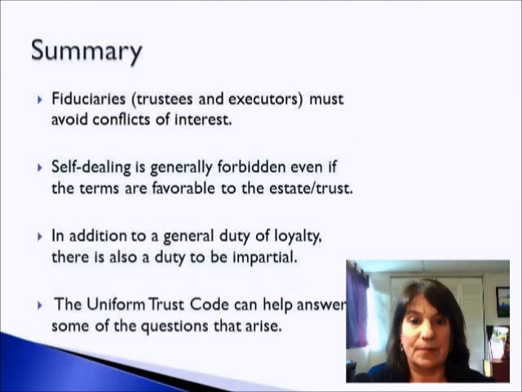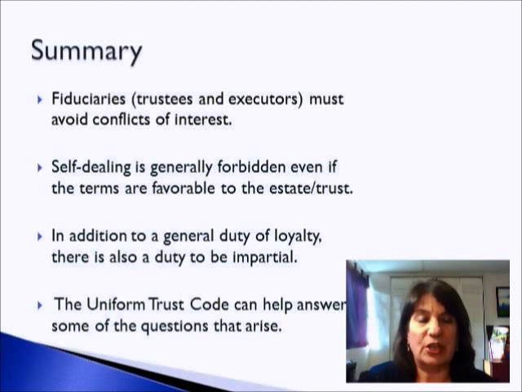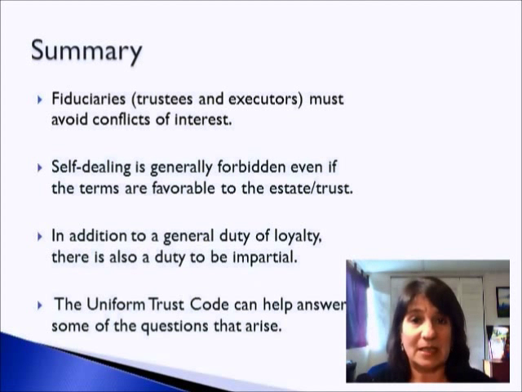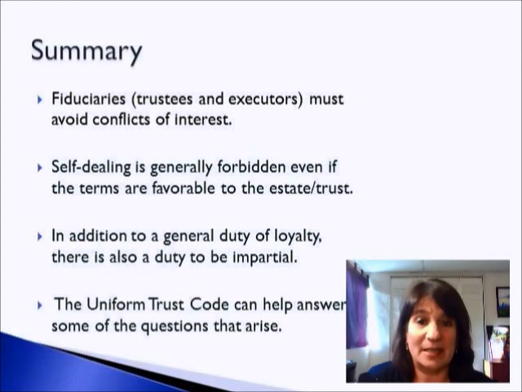Okay, so let's summarize. Where have we been? Fiduciaries, and when we talk about trustees, we could just as well be talking about executors. It's kind of the same role. You're managing property for the benefit of other people. They have to avoid conflicts of interest, and obviously it's easy to say that, but sometimes these conflicts come up in unexpected ways.